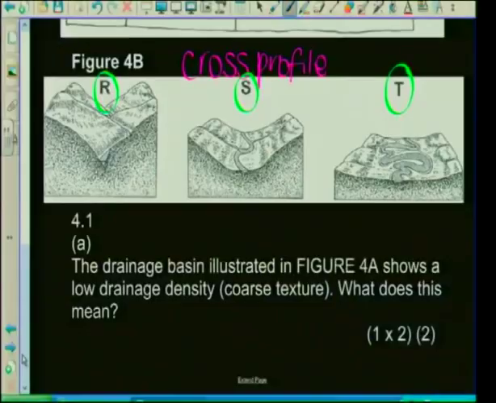So the first question, 4.1a says, the drainage basin illustrated in 4a shows a low drainage density. They want to know, what does this mean? Now, when we looked at your drainage density, we want to look at the amount of streams in terms of the area of that drainage basin.